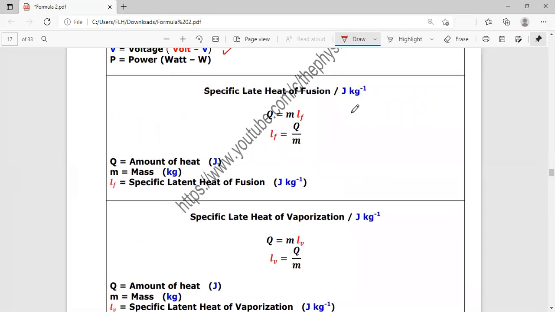So Q is equal to M into Lf, where Lf stands for specific latent heat of fusion. So f represents fusion. The formulae are same for the specific latent heat of vaporization or specific latent heat of fusion. Just the difference is that small f represents fusion and v representing vaporization.